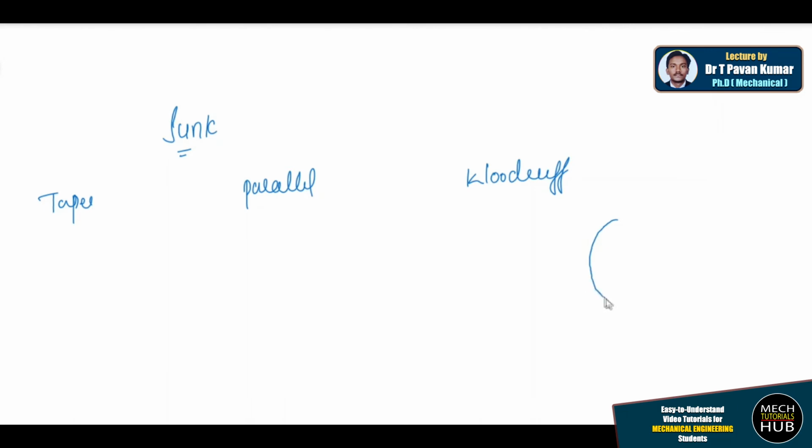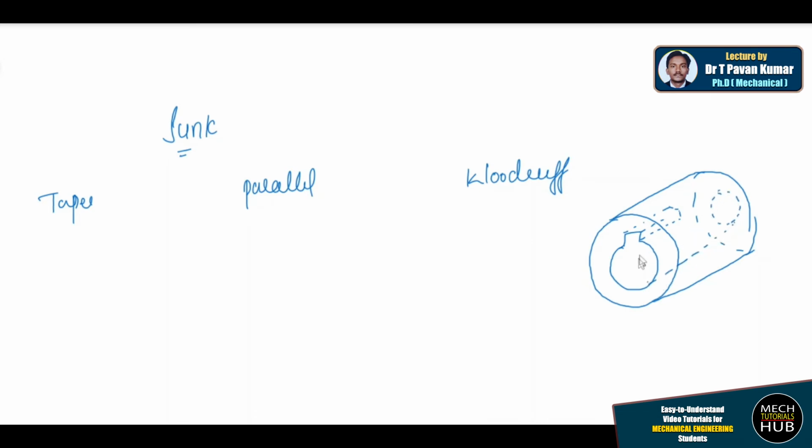Let us call this the hub 3D representation. This hub will have a hollow section with the keyway up to the length of the key, whatever length is maintained. Then there will be a hollow section from one side to the other. This is how it is going to be.